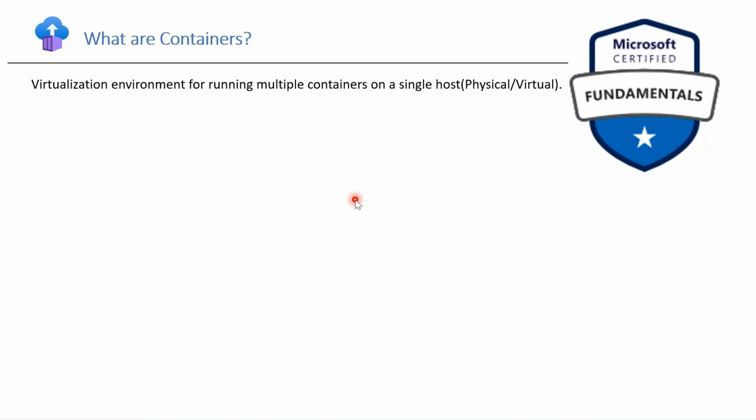Now we'll try to understand why we need containers. We already have virtual machines, so why do we need containers? We'll look at it. Now let's look at the key characteristics of containers first. Containers are lightweight and dynamically scalable. They are lightweight because they don't have an OS running in them. Instead, they use the OS of the virtual machine that they run on.